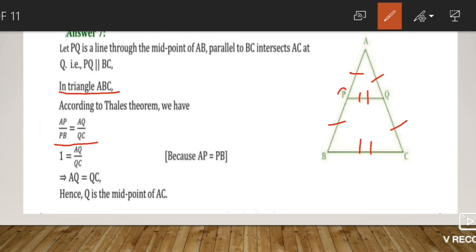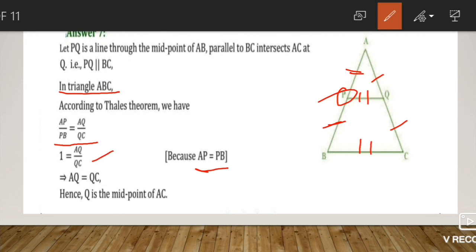Now P is the midpoint. That means the measurement of this part and the measurement of this part is equal. That's why AP by PB is equal to 1. Why? Because AP is equal to PB, P is the midpoint. That means AQ by QC is equal to 1.